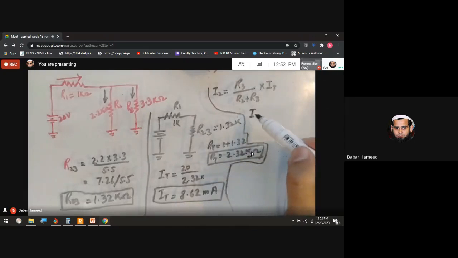So I2 will be equal to, what is the value of R3? It is 3.3 over, their sum, we have already found it, 5.5, and IT is 8.62.